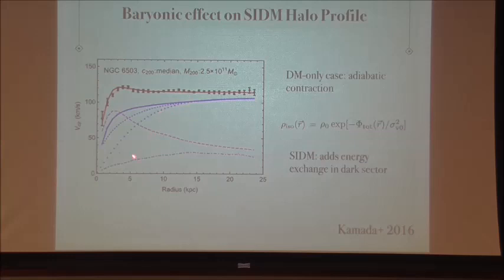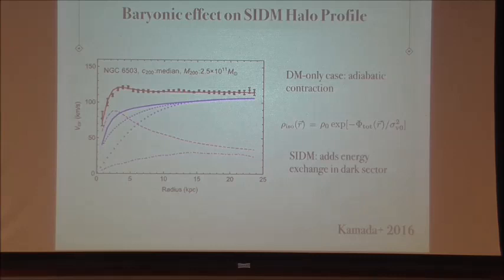And these asterisks are basically the SIDM only situation. This solid line here is the SIDM plus baryonic situation, where the gas disk and the stellar disk have greatly steepened the density profile of the halo. And just for reference here, this dotted line is the NFW profile.